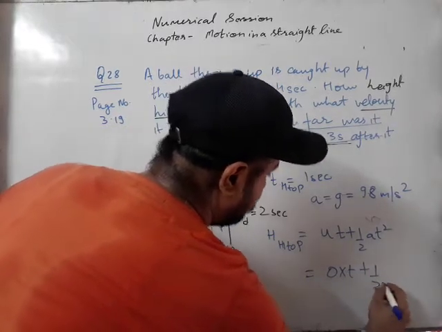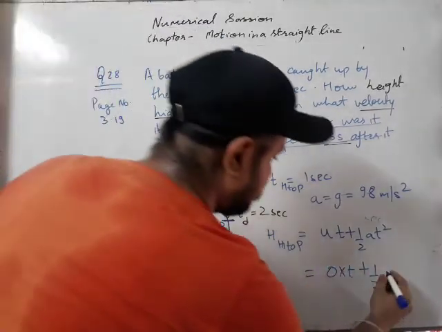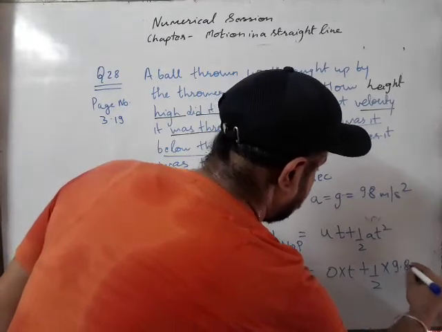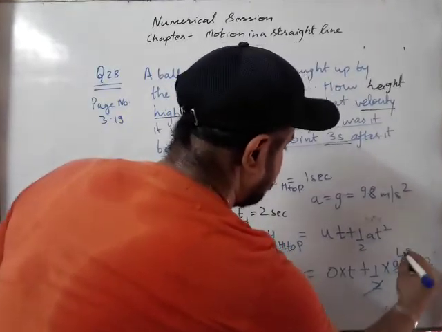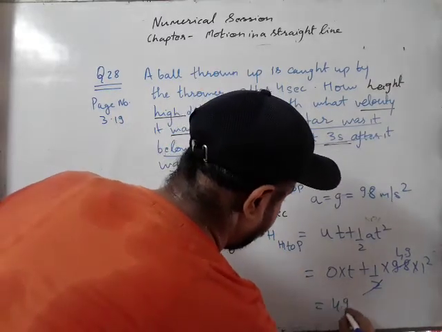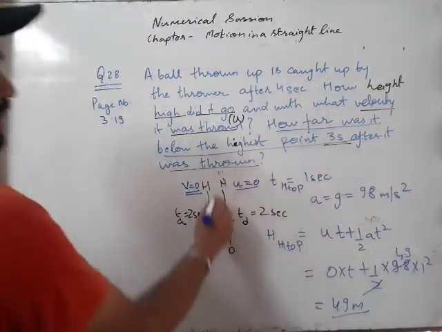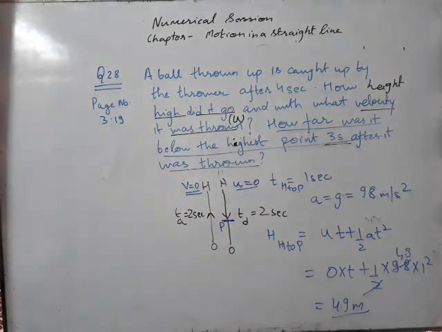T you need not put in the first part because 0 into anything is 0. A is 9.8 and time here is 1 square. So it will be 4.9. So the answer will be here 4.9 meter. So it travels 4.9 meter once it reaches the highest point, below the highest point, 3 seconds after it was thrown.